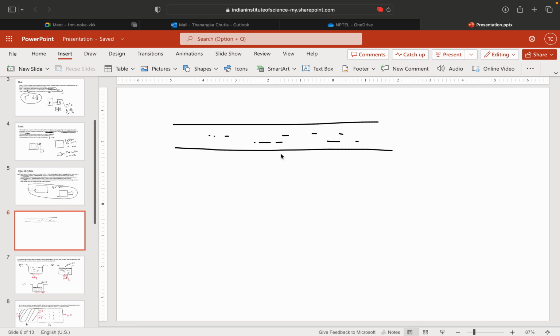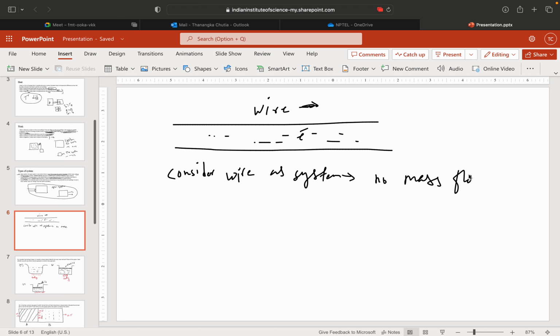If I consider the electric wire as my system, and these are my electrons flowing, then there is no mass flow through the boundary. This is the one which you should keep in mind.